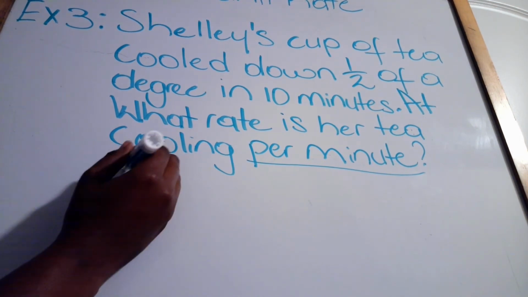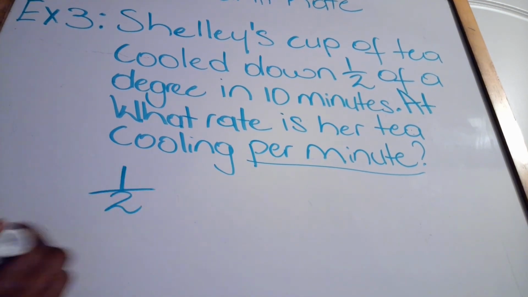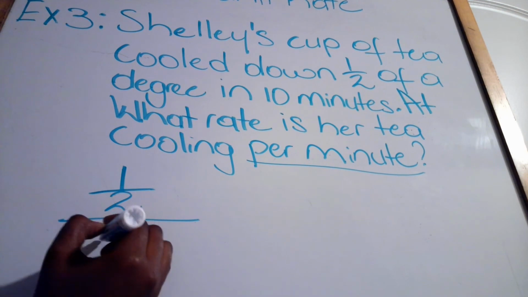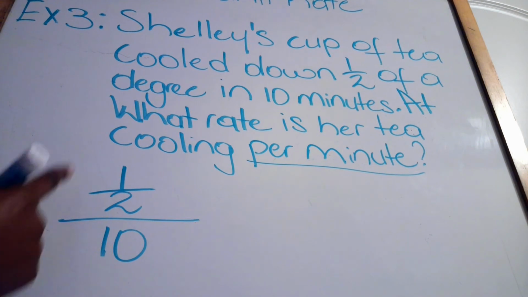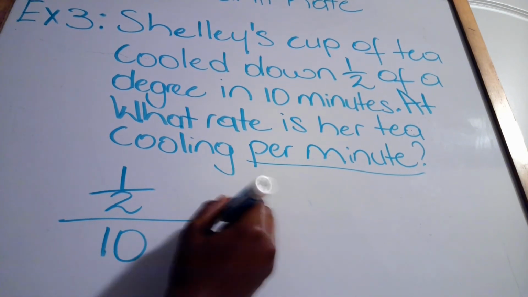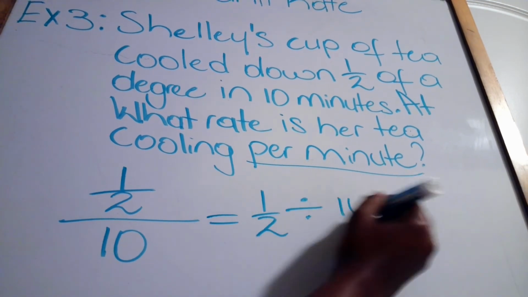So you'd write the ratio as a fraction. So 1/2 over 10 minutes. So how fast would her tea cool in 1 minute? Let's find out. 1/2 over 10, what is this saying? This is saying 1/2 divided by 10.